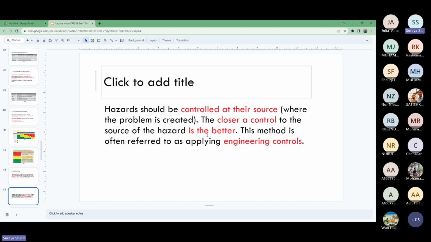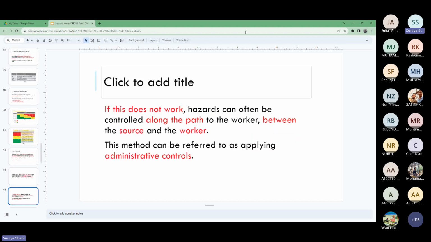Hazards should be controlled at their source. This method is referred to as engineering control. The closer a control is to the source of the hazard, the better. Another one is administrative controls.